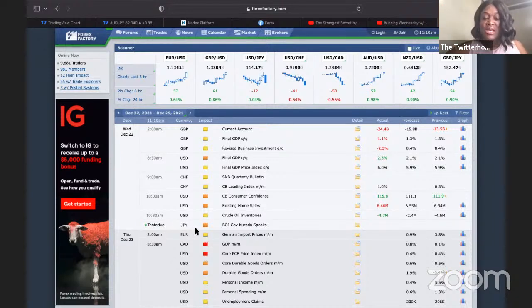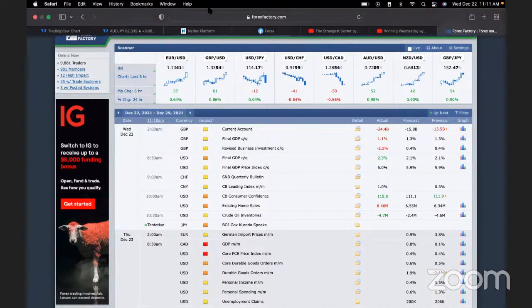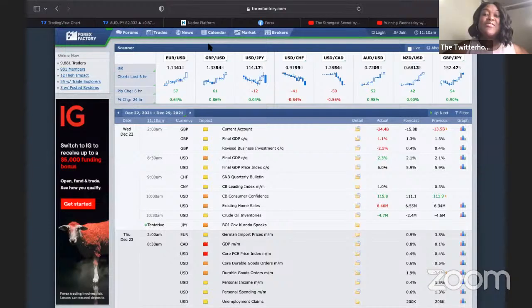We don't know. But if it was a red folder on the Japanese yen right now, then definitely I would not be doing any trade of the yen. Whenever there's a red folder, whatever currency has that news, we're not going to trade that currency, right?